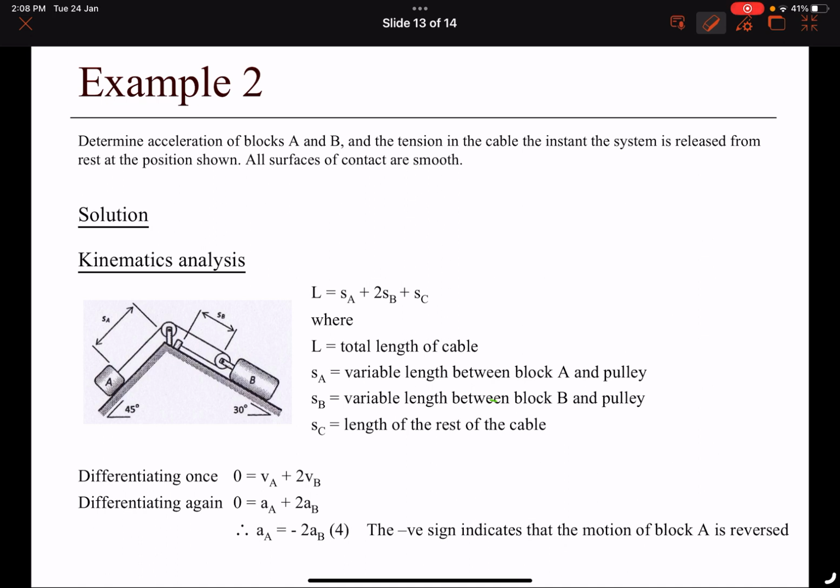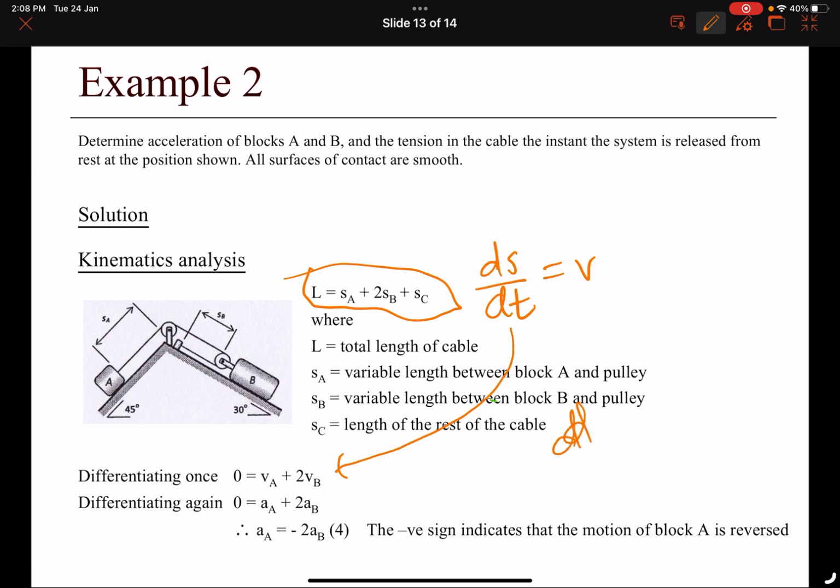So you have to differentiate the S, and then you will get the V, this one, ds over dt. So you will get V equal to V. Once you have V, you can differentiate V, you will get the acceleration, which is here.